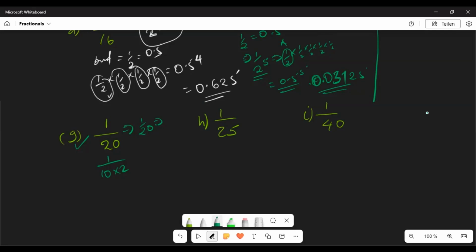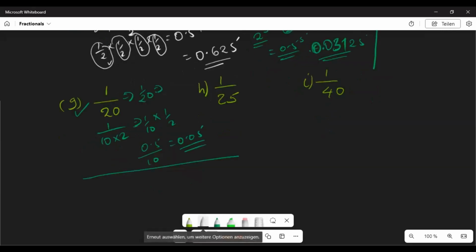So what is 1 over 20? This one is equivalent to 1 over 10 multiplied by 1 over 2. But we know 1 over 2 is 0.5, so 0.5 divided by 10 is going to give you 0.05.